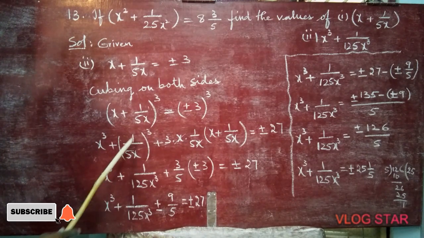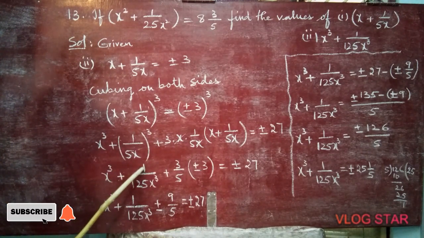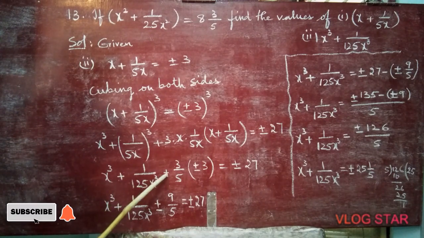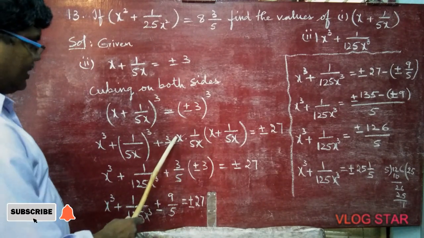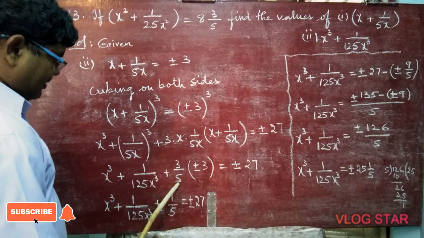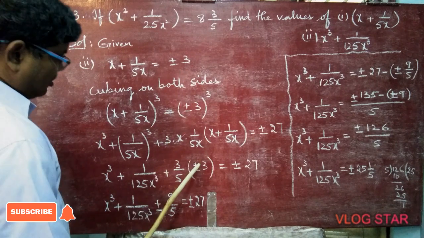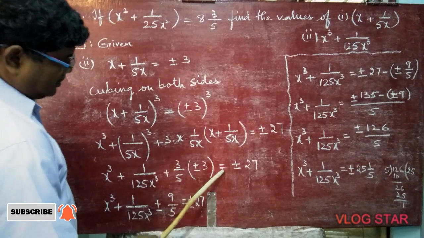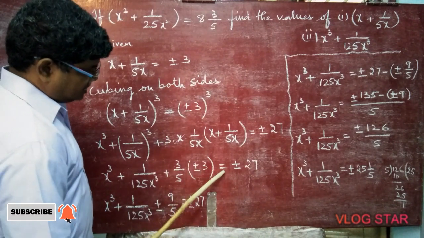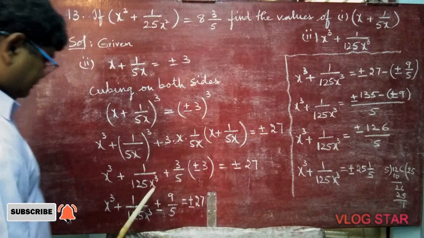Now x cube as it is, 1 cube means 1, 5x whole cube means 125x cube, plus here x in numerator and denominator cancel, 3 by 5 is left, and in the place of x + 1/5x we are writing plus or minus 3. We substitute that value, equal to plus or minus 27.